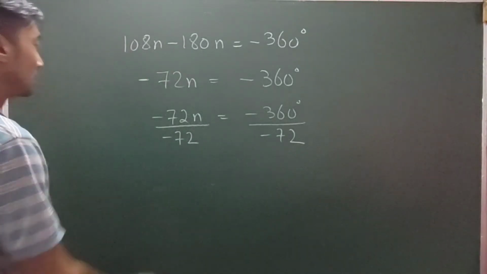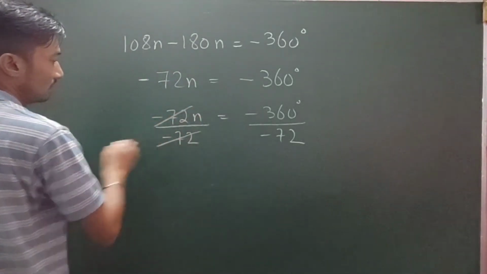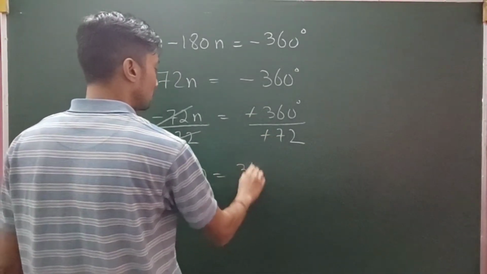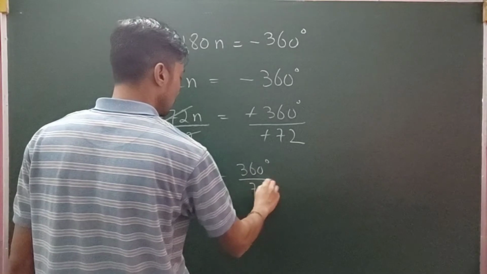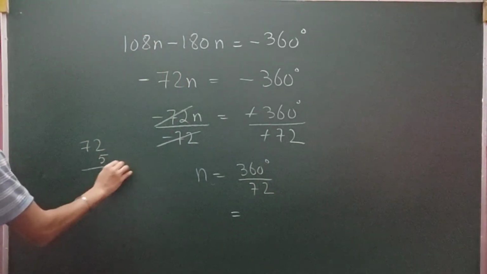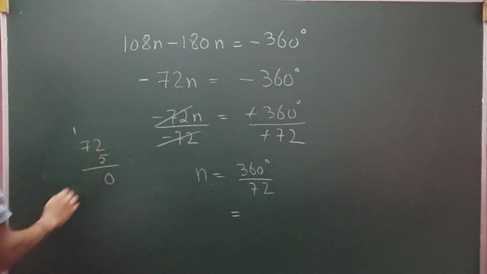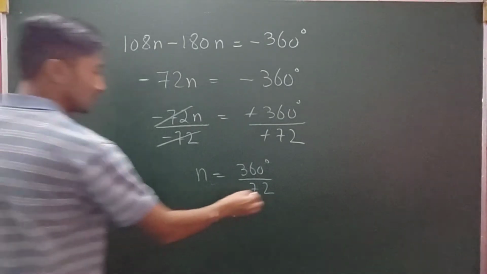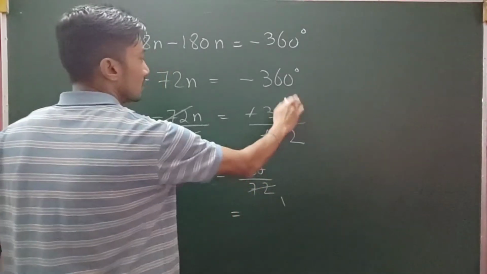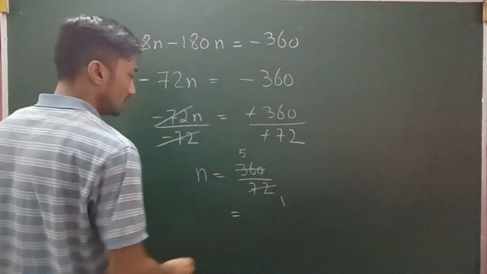So minus 72 minus 72 cancel, so n will be equal to 360 divided by 72. If you divide 360 by 72, we know that 72 into 5 is 360.